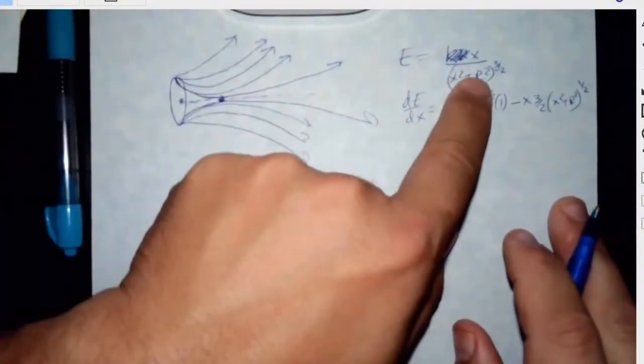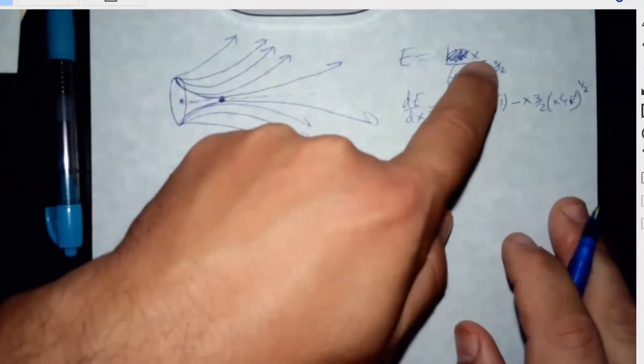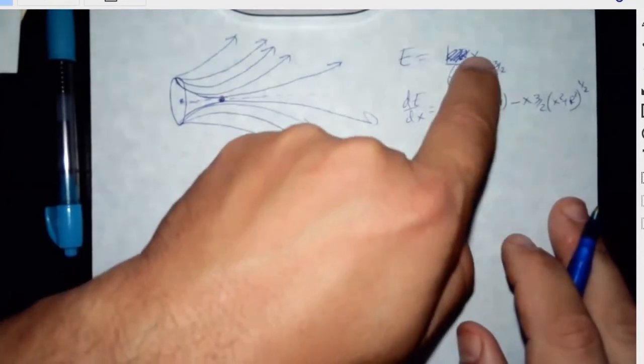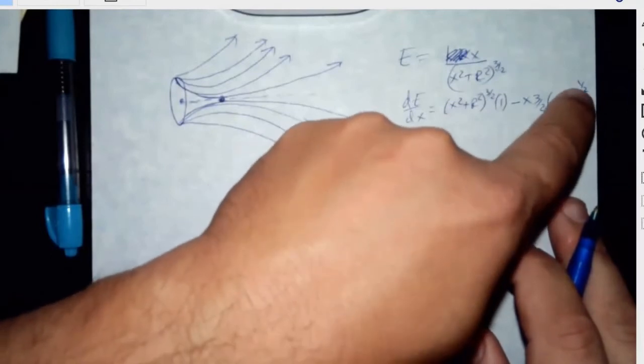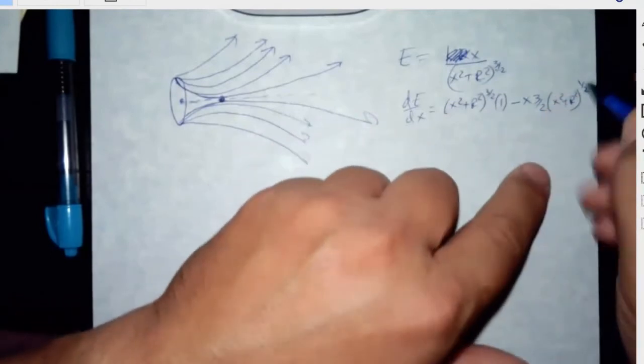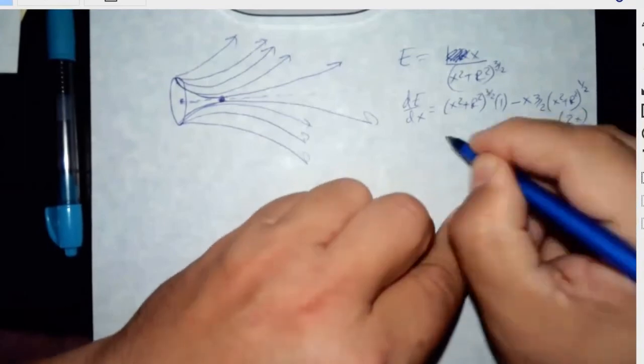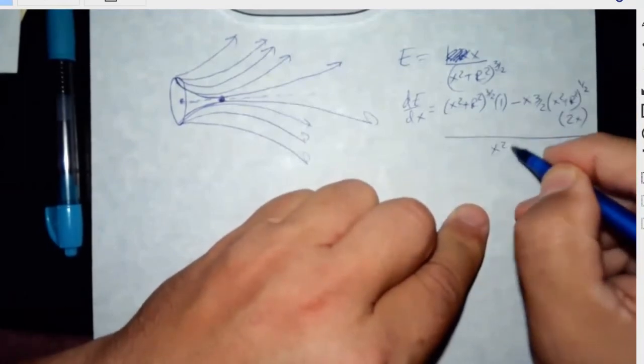So I'm doing this, which is this, times the derivative of that, which is 1, minus this, times the derivative of that, which is you bring down the 3 halves, times 1/2, times the derivative of the inside, which is 2x, over this thing squared.